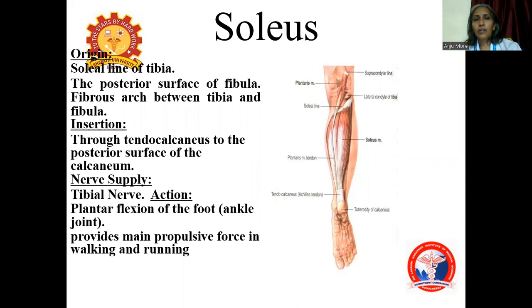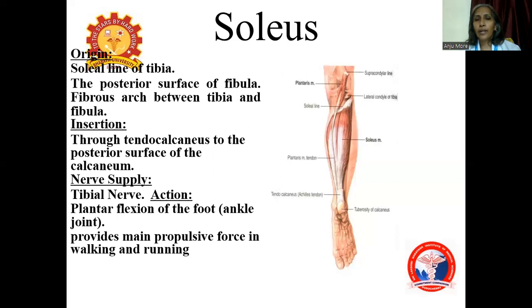The muscle also takes origin from posterior surface of fibula and few fibers from the fibrous arc between tibia and fibula. The muscle, as already said, contributes to the formation of tendoachilles.